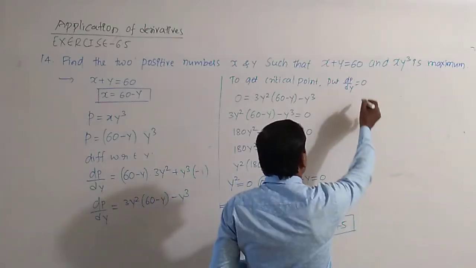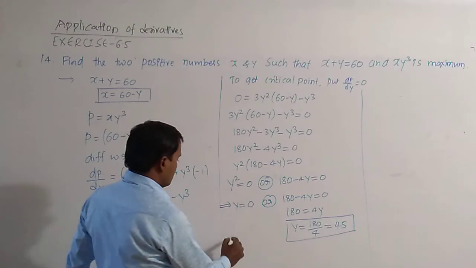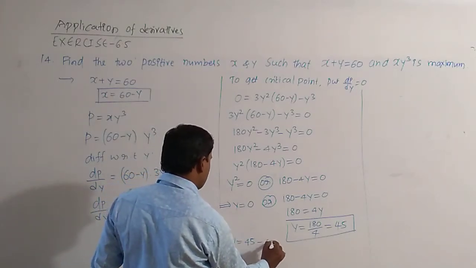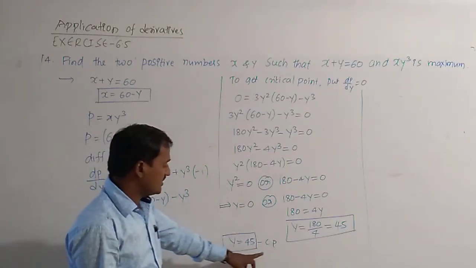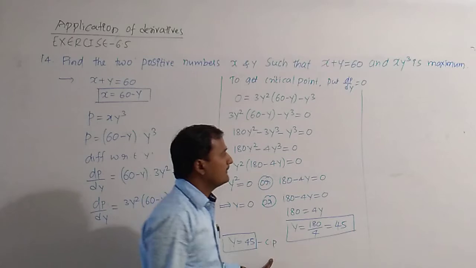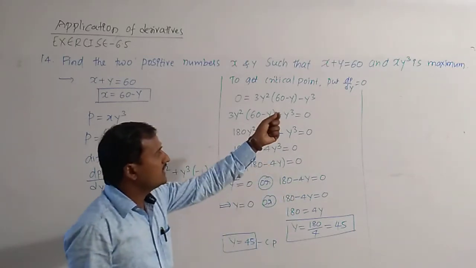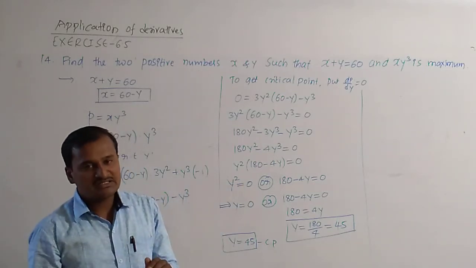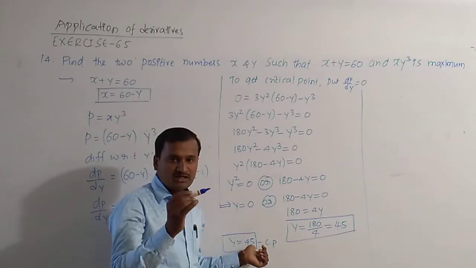Now we should prove it. Here y equal to 45 is the only critical point. Now we should prove that the product is maximum. Product is maximum means the second derivative at this critical point is less than 0.